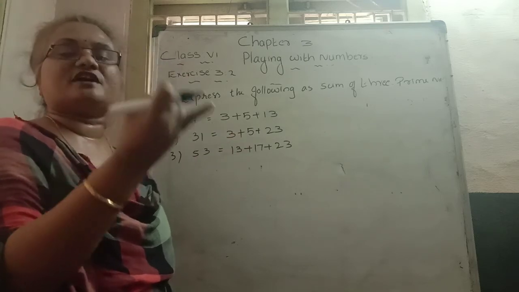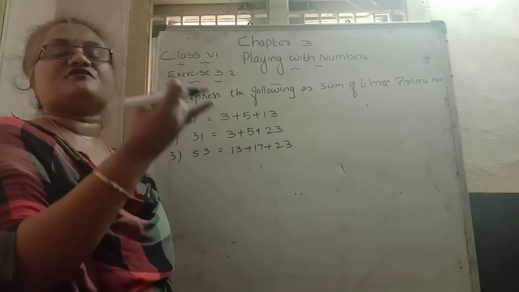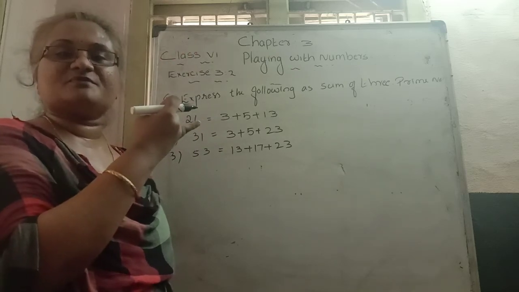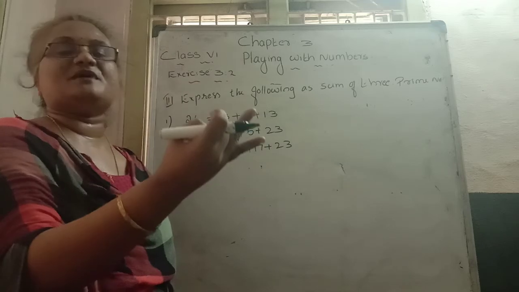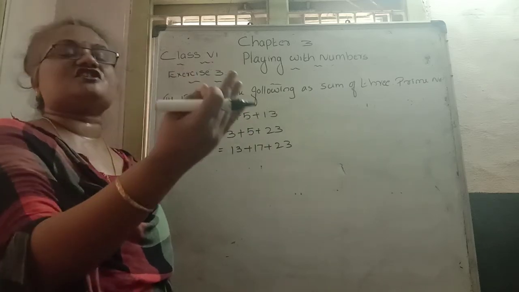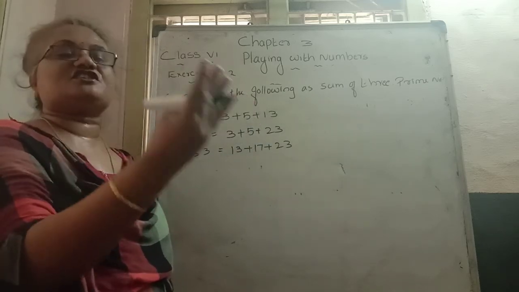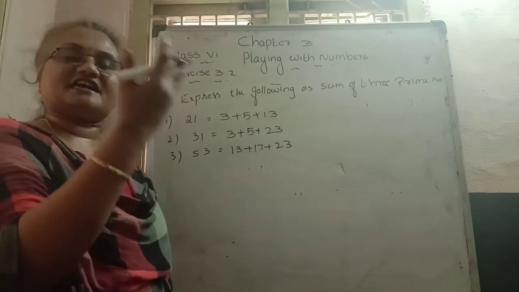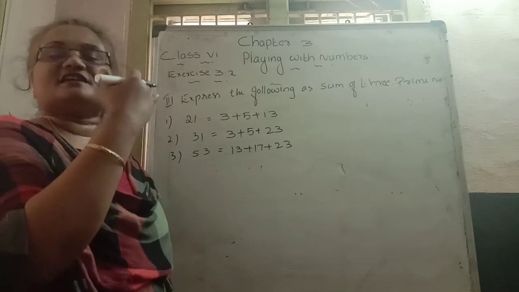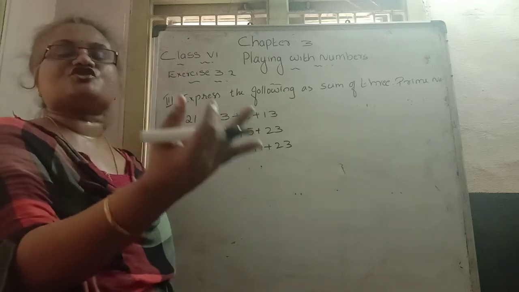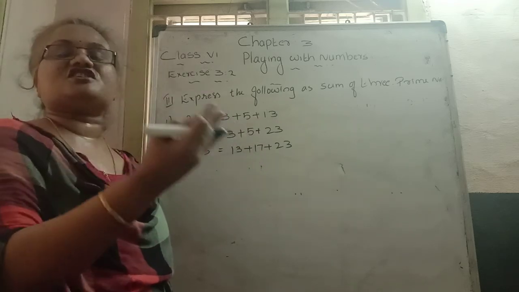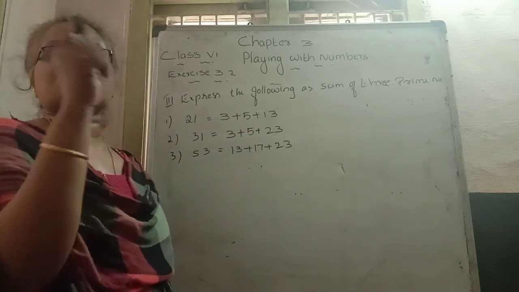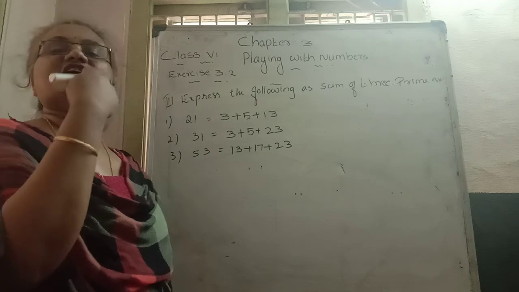How to identify, when one big number is given, without dividing, whether the given number is divisible by 2, then divisible by 3, divisibility test of 5, of 6, of 4, then of 8, of 9, of 10, and of 11. These tests we can learn in the next class.